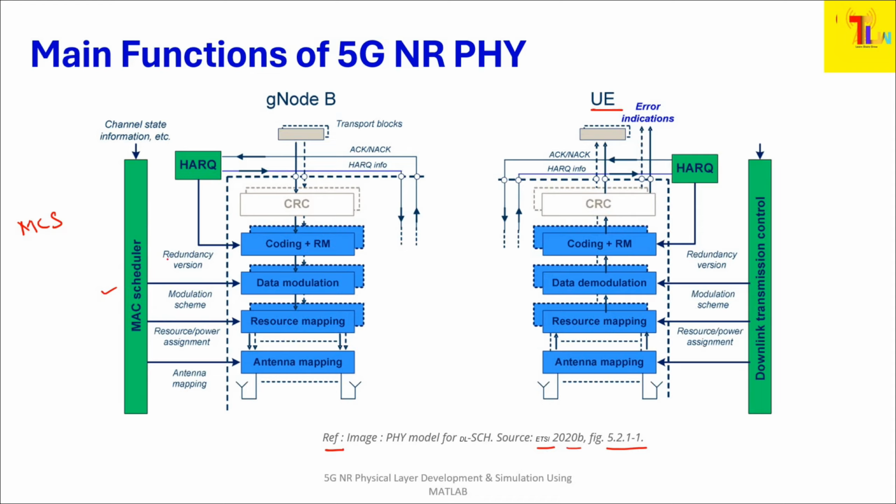Other than that, we are going to see the CRC attach and the transport block handling, wherein the physical layer attaches the CRC to the transport block, and if necessary, segments the TB into code blocks.